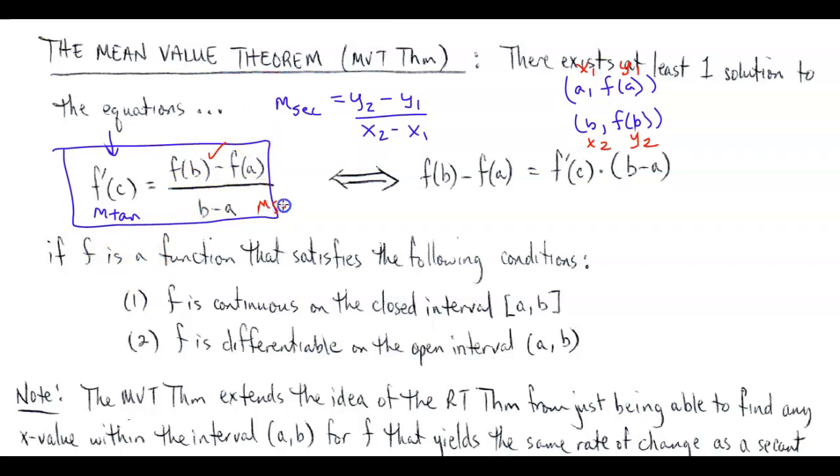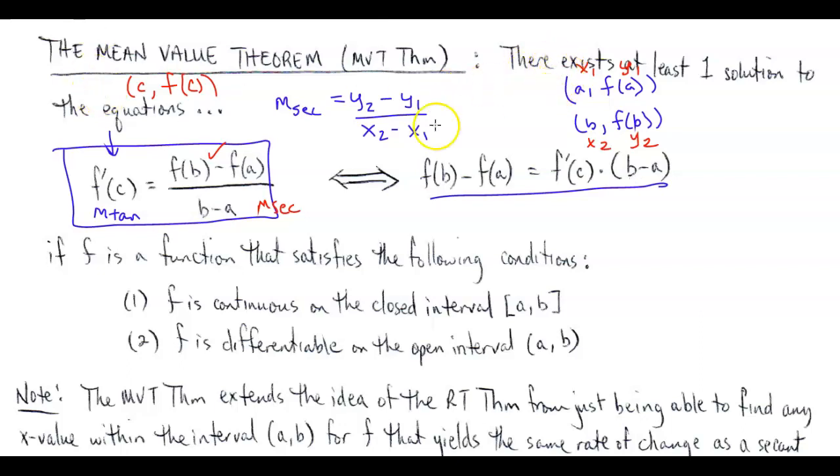So again, at what point c, f of c, draw that again. At what point or points c, f of c, will the slope of that corresponding tangent line be the same as the slope of the secant line? Okay, and we could write this particular equation from this theorem either in this form, or we can just multiply both sides by b minus a and have it in this form. Both mean the same thing.